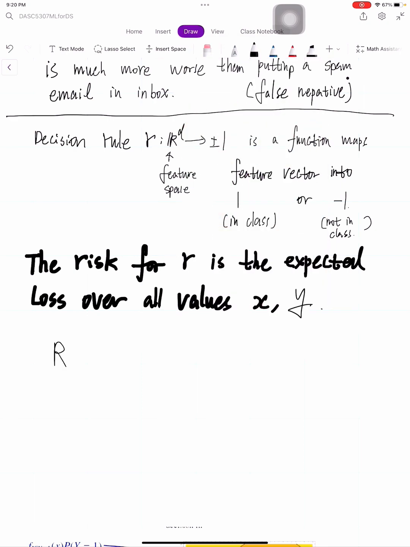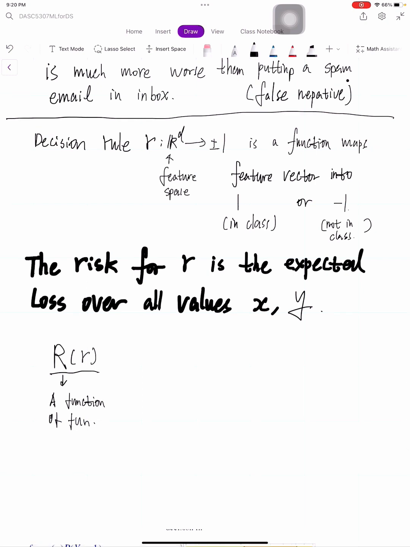Mathematically speaking, the risk function of the classifier, a decision rule, is equal to an expected value. The risk is a function of the decision rule, so it's a function of a function, and in mathematics, we call it a functional.